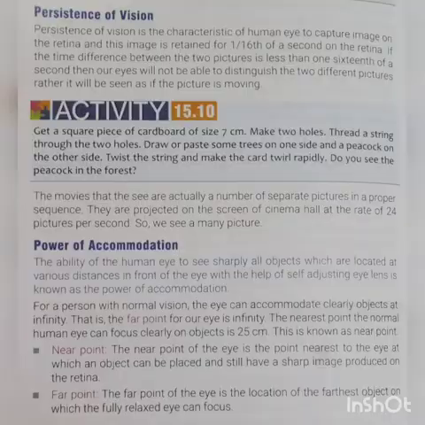Okay students, now the next portion is the persistence of vision. Now what is this, students? It is the characteristic of the human eye to capture an image on the retina, and this image is retained on the retina for only 1/16th of a second.